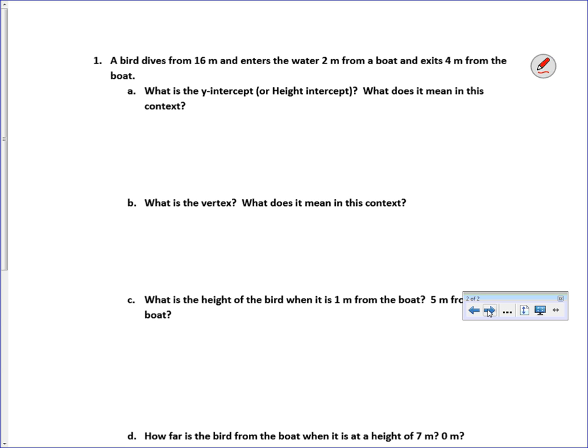So what we have is a picture that kind of looks like this.